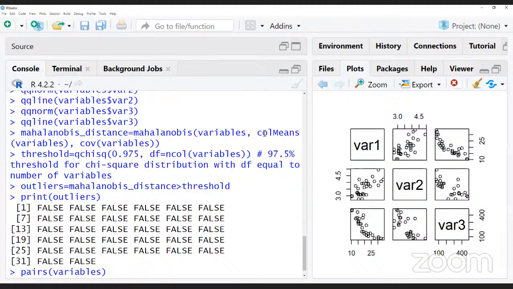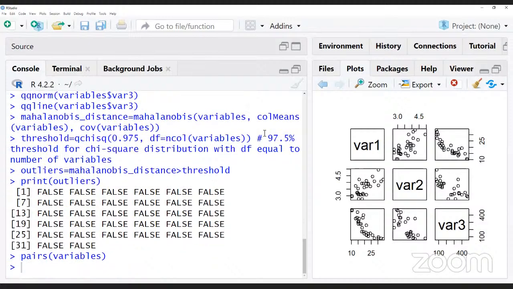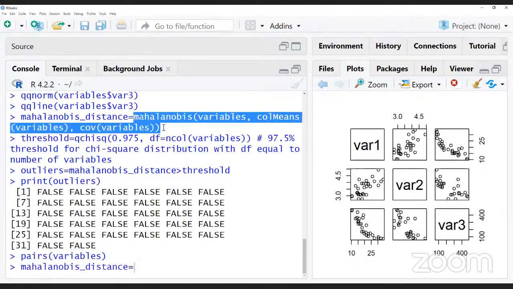No. If you want to see the Mahalanobis distance, then Farah, please write down Mahalanobis distance. Yes, sir. So that is a vector, I guess. Mahalanobis distance, that is the vector. You write down the function, and don't write the equal to sign.